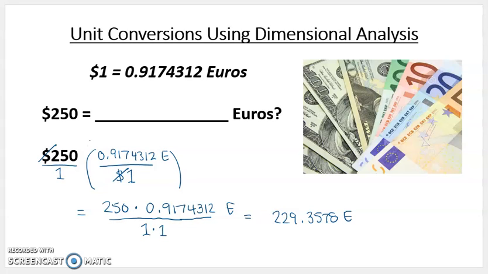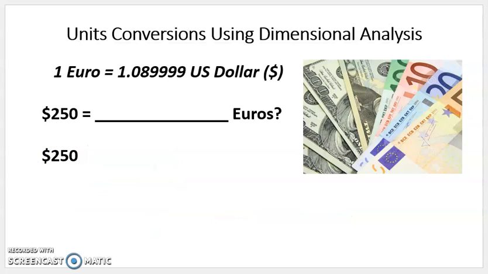All right, suppose we had the same question. We want to convert dollars to euros, but instead of giving us that $1 is equivalent to so many euros, maybe you're coming back and you're going from one country to another. 1 euro is equivalent to $1.08999.